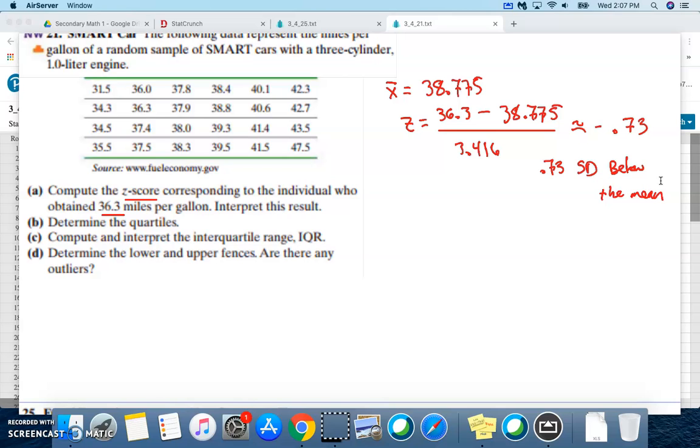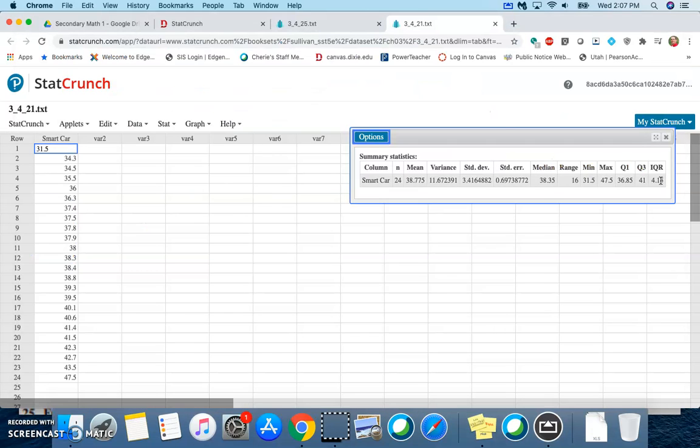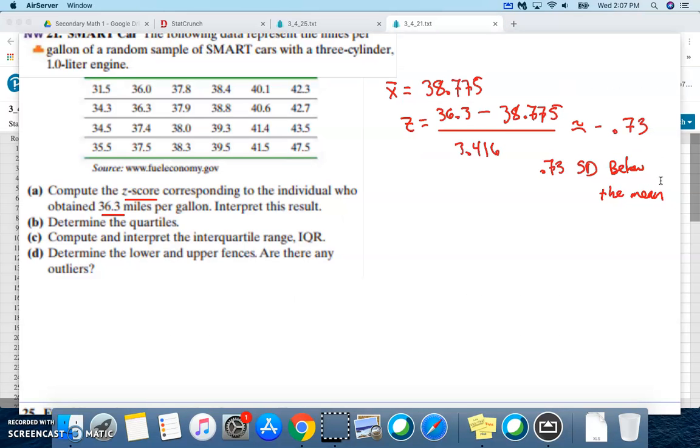Okay, so next was determine the quartiles. Q1 was 36.85, and Q3 was 41. And then our IQR is just the difference, 41 minus 36.85, which is 4.15.